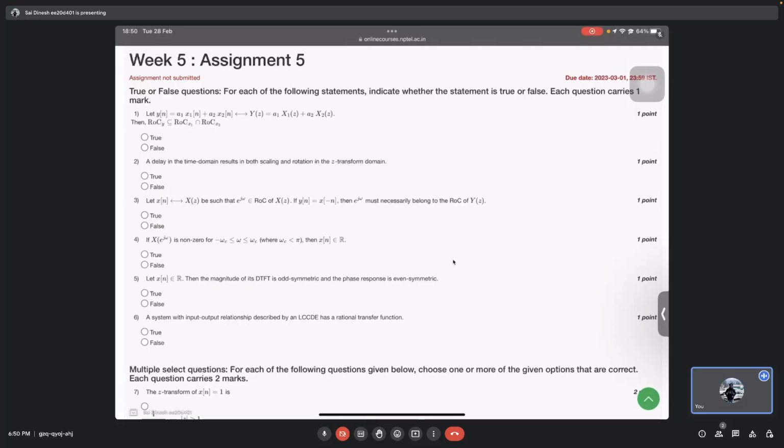The third one would be: x of n and x of z be a Z transform pair such that e power j omega belonging to ROC of x of z. So it is of unit magnitude but with an angle of omega. If y of n is equal to x of minus n, then e power j omega must necessarily belong to the ROC of y.